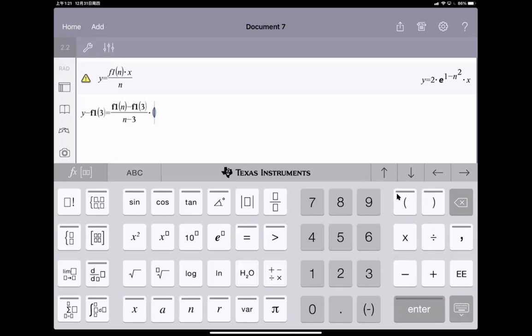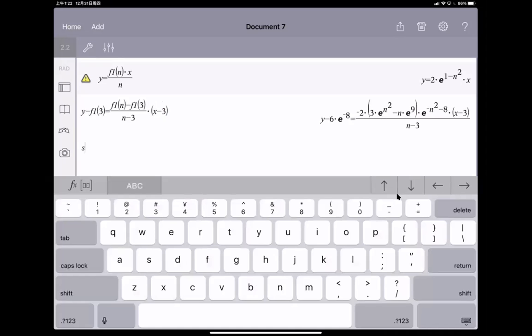Then multiplied with a bracket x minus f1 of 3 here. That means x minus 3 here. Okay, here comes your equation of the second line.